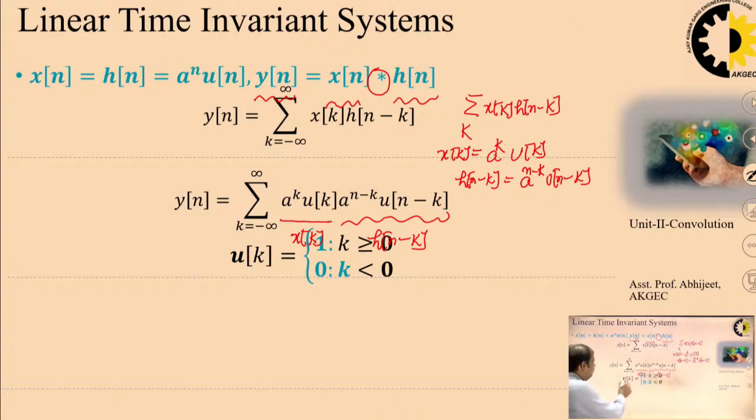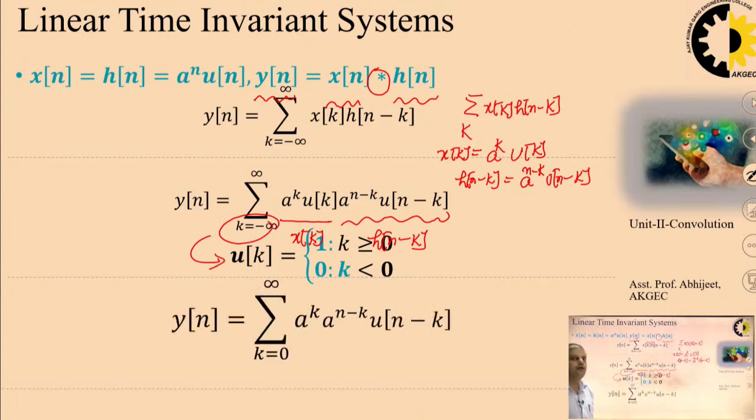So the lower limit can be changed because of this u of k, and therefore we can write that y of n is basically the sum over k from 0 to infinity, and in place of u of k I replaced it by 1, and the remaining things are there: a raised to the power k, a raised to the power n minus k, and u of n minus k. Secondly, we will use this unit step signal and its properties to change the limits.